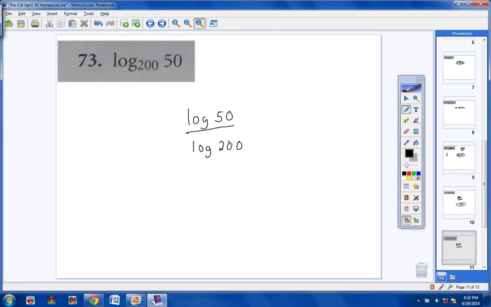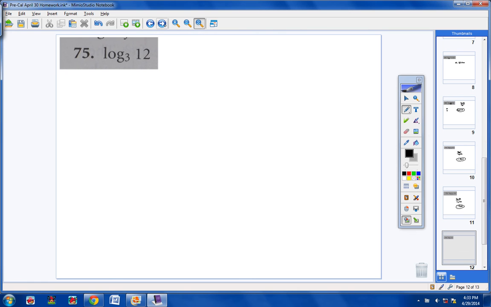So with my calculator, I'm going to type in the log of 50 and hit enter, and then hit divided by the log of 200. And what you're going to get is 0.73835. Now this 5 right here tells you to raise your 3 up to a 4. And so that's what we're going to do. We're going to make this become a 4. And there's your answer.